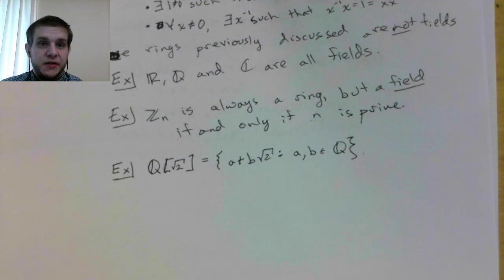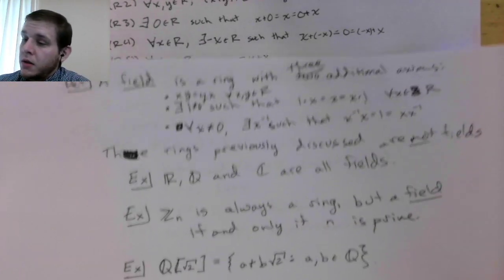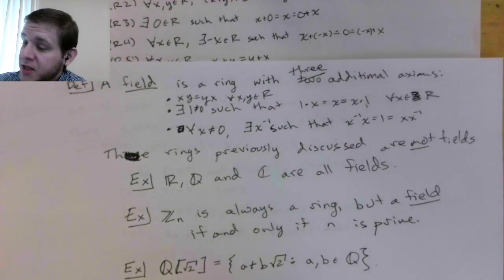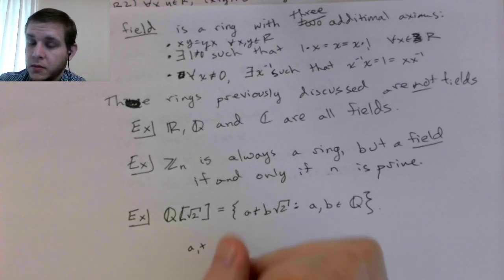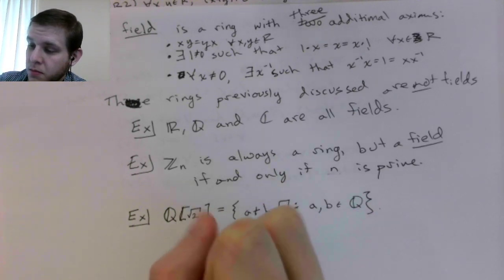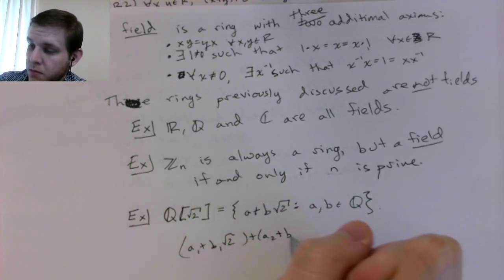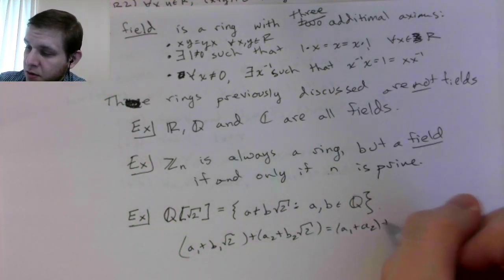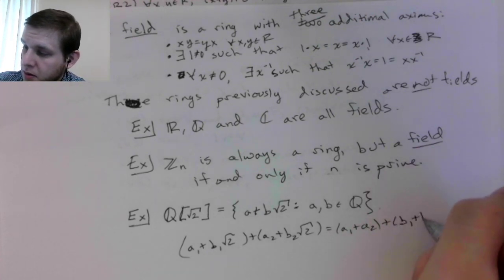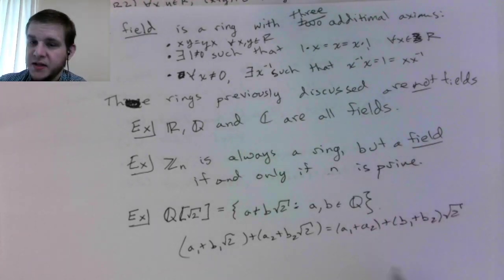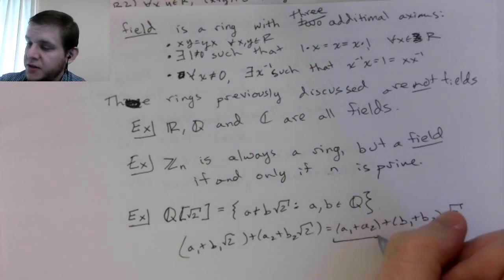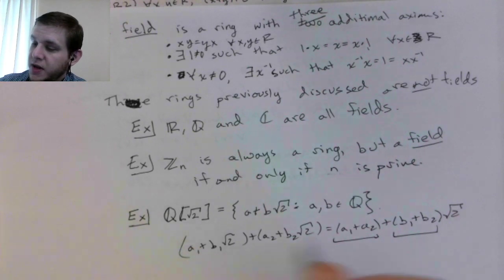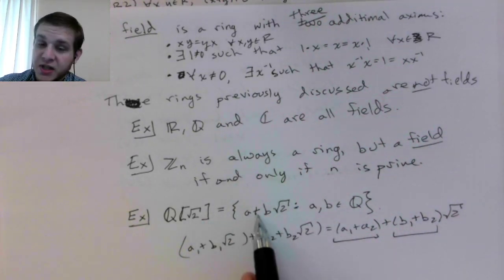So let's just check all of the field axioms, right? So I need to first check the ring axioms because the field needs to be a ring. Well, when I add two elements like this, I can just use the distributive property of the real numbers and group it like this. So this belongs to the rationals, this belongs to the rationals. So this sum can be expressed in this way.